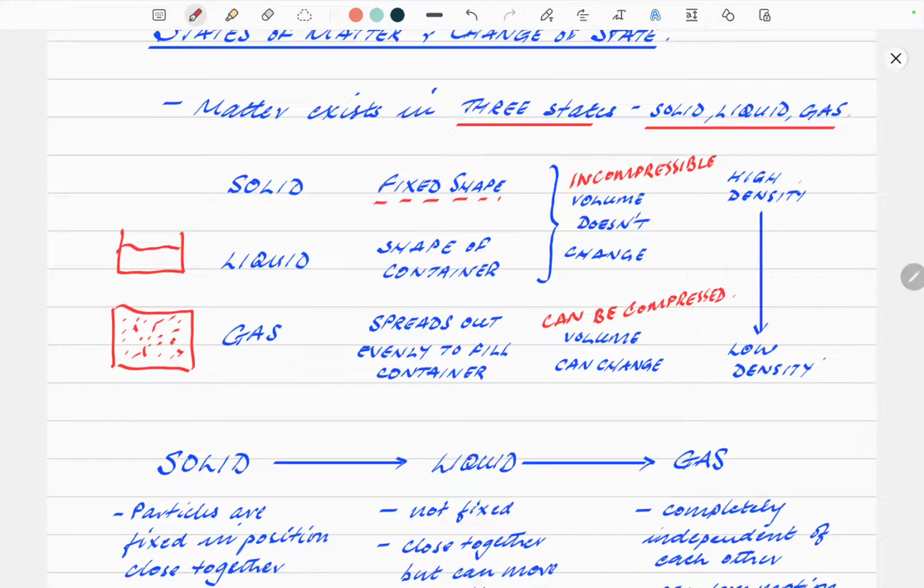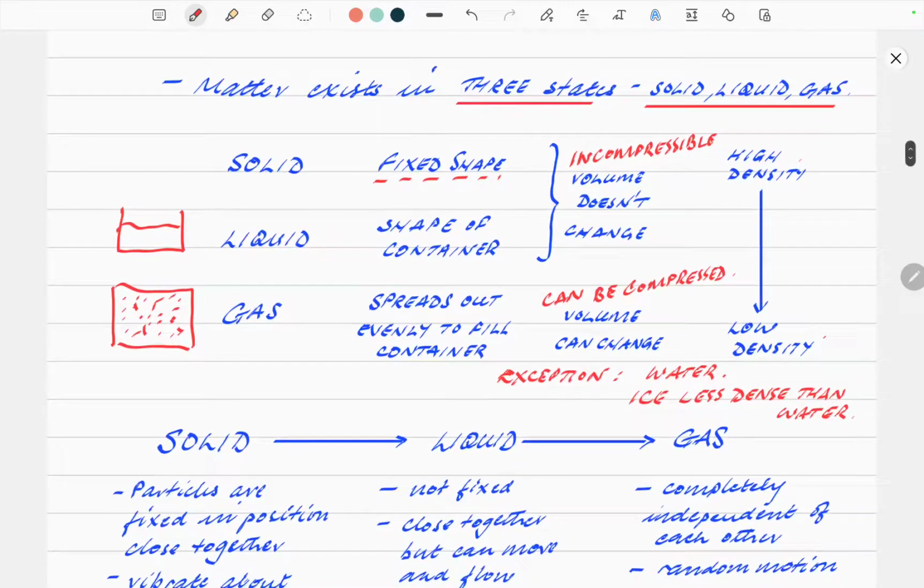There's just one notable exception: water. Ice is less dense than water. That probably is more in the field of chemistry in terms of why that is so.